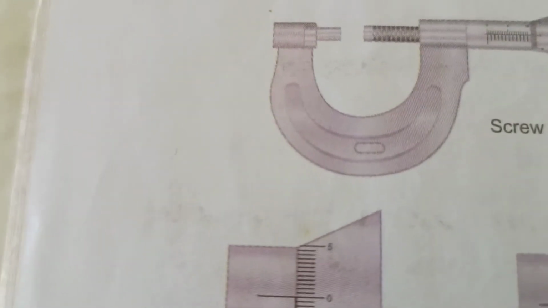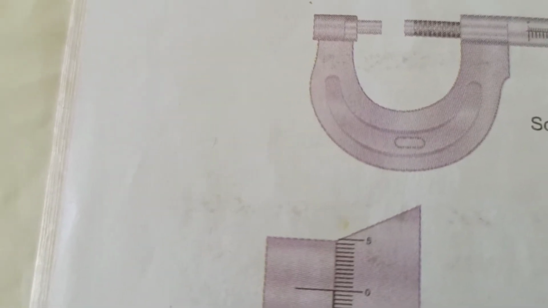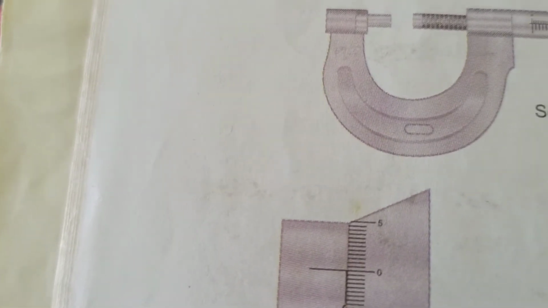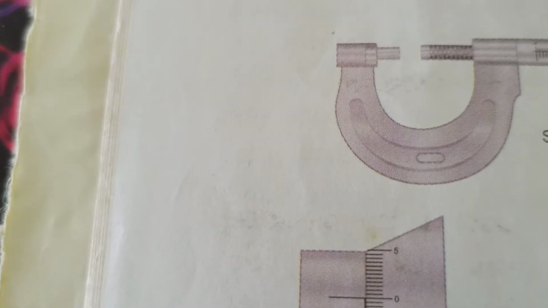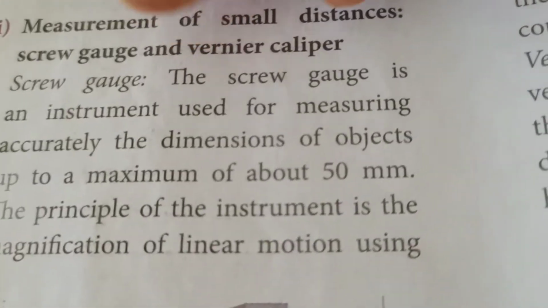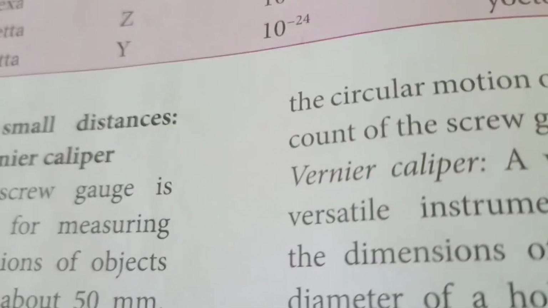So this screw gauge has a least count of 0.01 millimeter. The principle of this screw gauge is magnification of linear motion using circular motion of a screw.